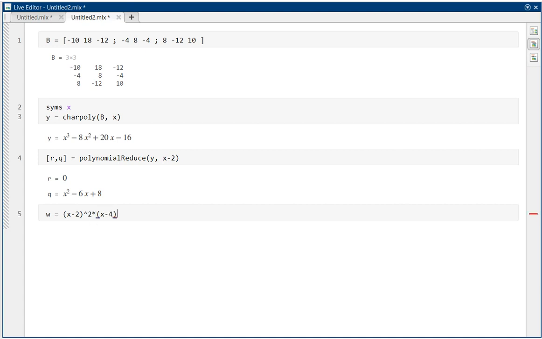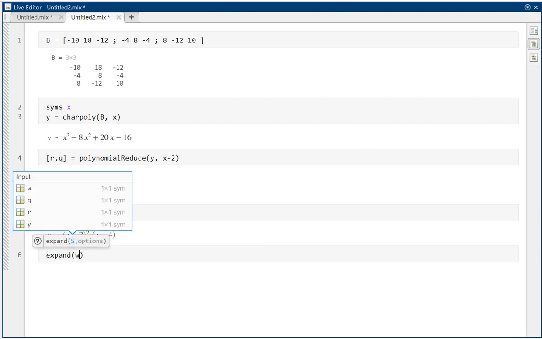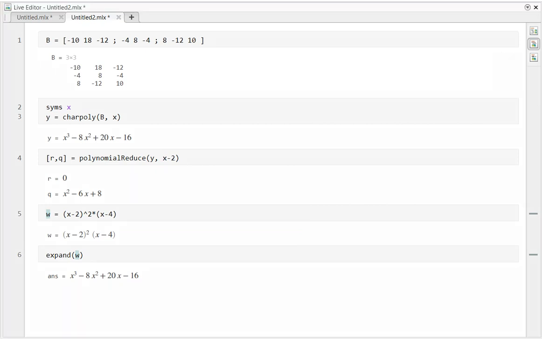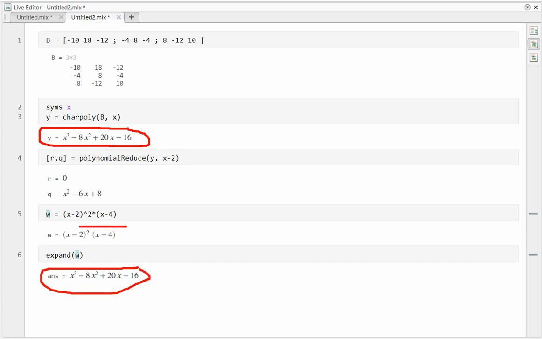So this is what we thought the thing was, and I've got this option called expand, which does exactly what you think it would. Boom, it expands it out, and I can see that, in fact, I did get the right answer because here is the characteristic polynomial. Here is what I get when I expand what I think the factored polynomial looks like.